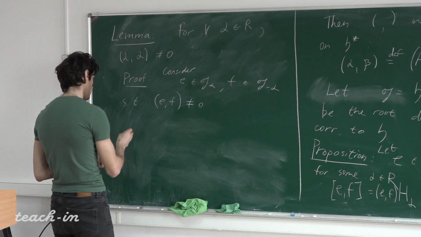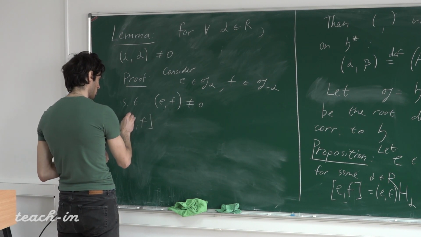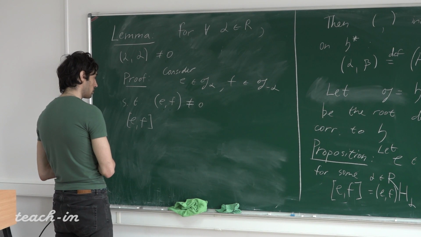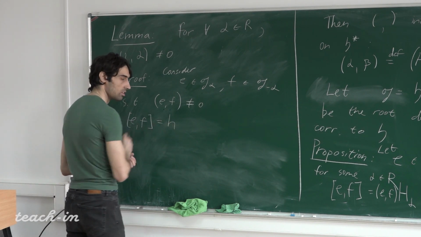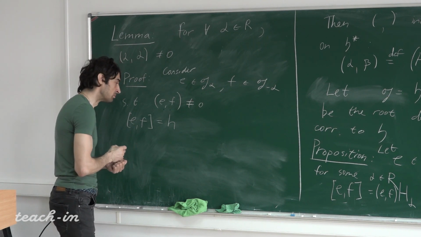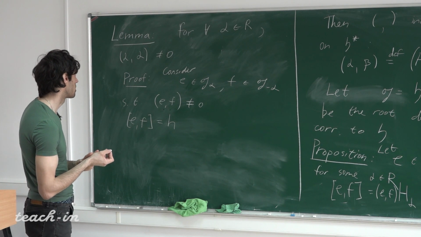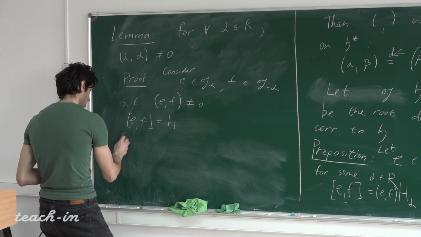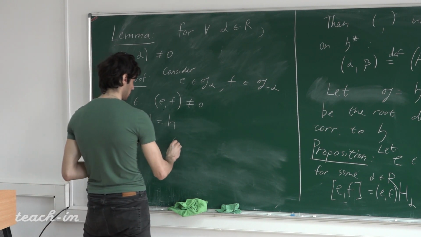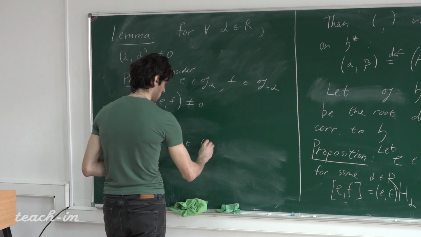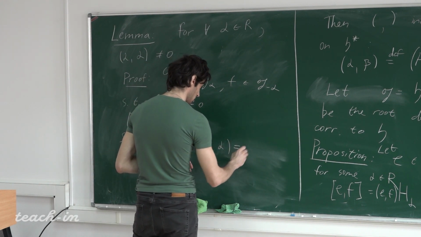So let me also take the commutator of these two things, and I would like to call it H. All right. So now suppose that alpha with alpha is 0.